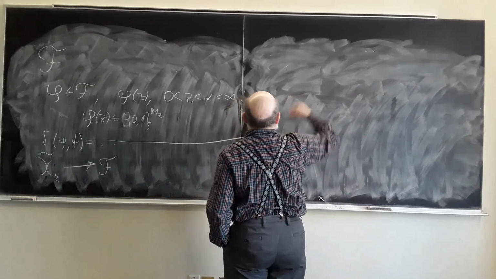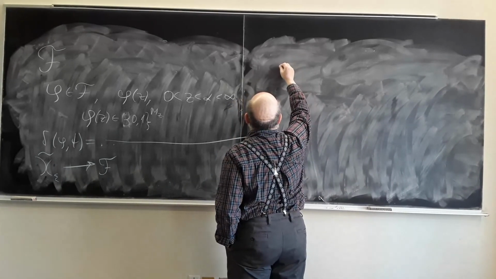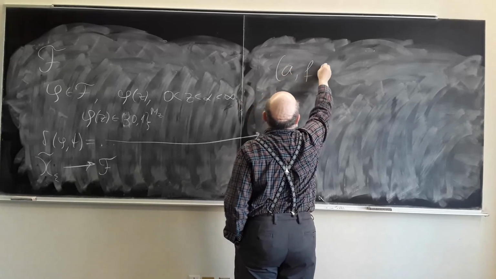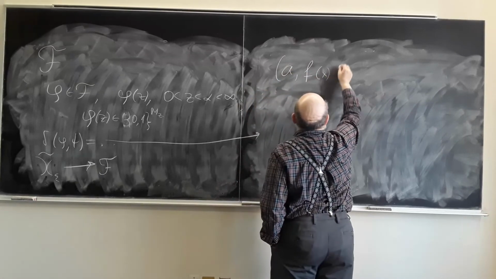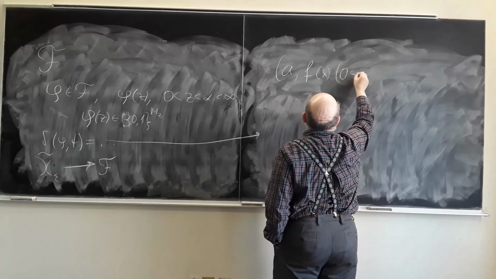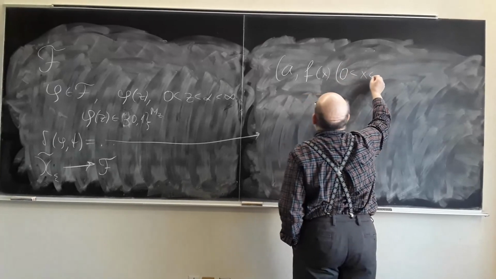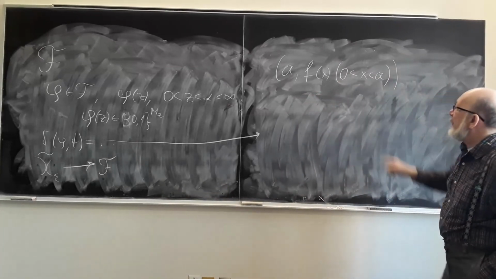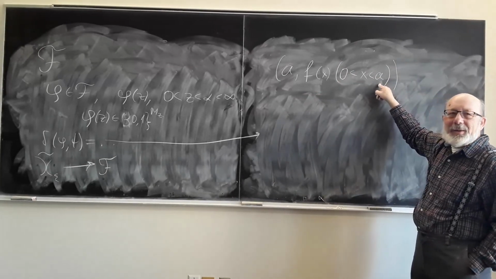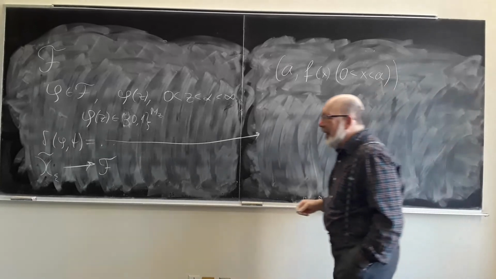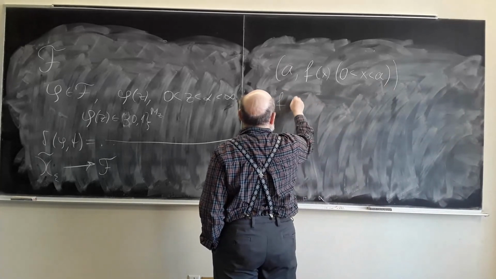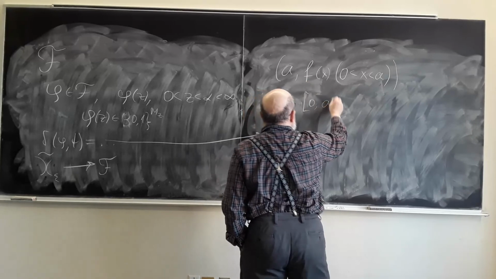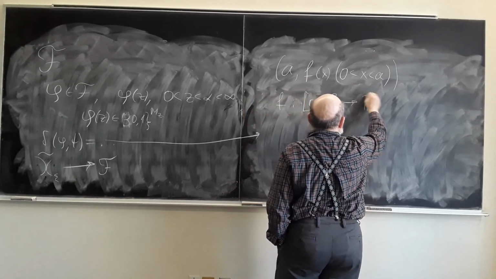Consider the space consisting of the pairs, say, A, F, such that the function F is defined from 0 to A. F can be a map from the segment to R, for example.